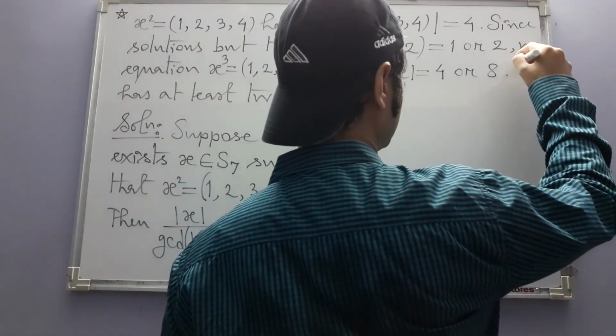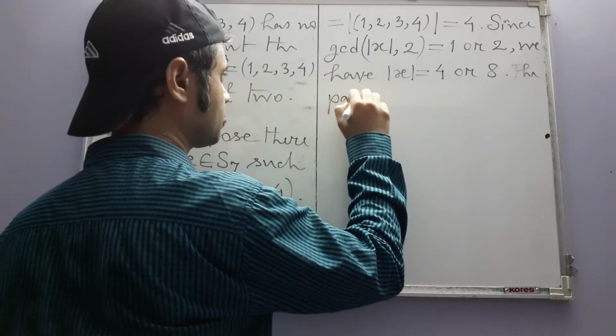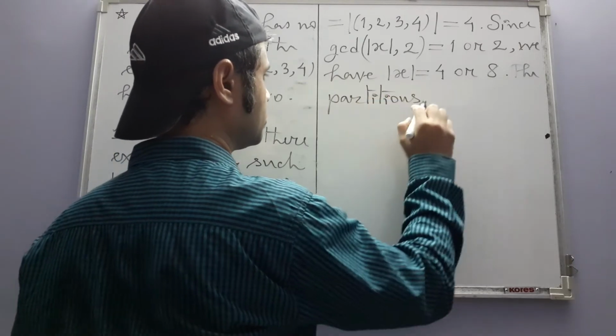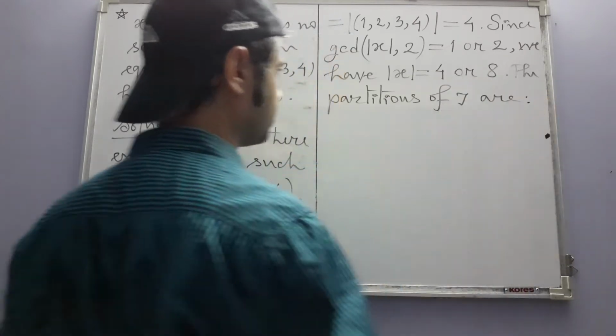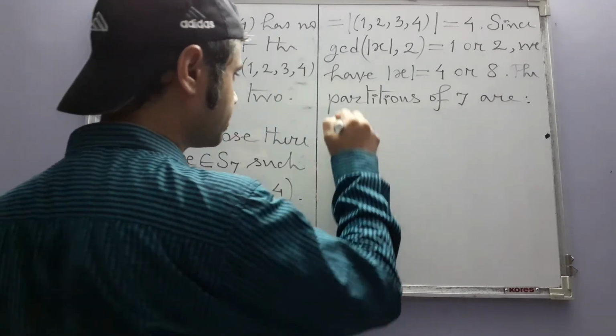The partitions of 7 are, okay, so now I have the partitions here with me.